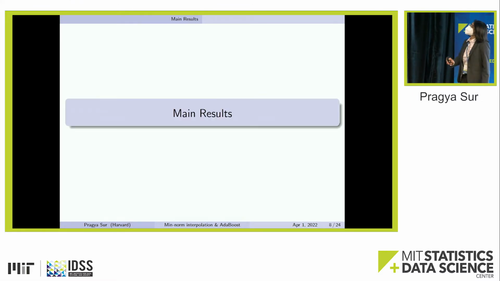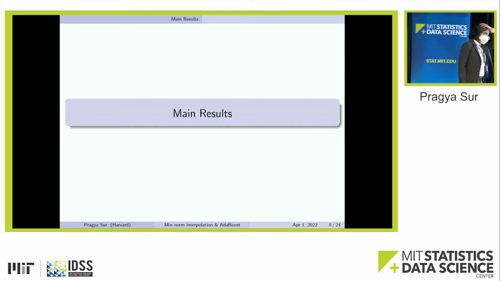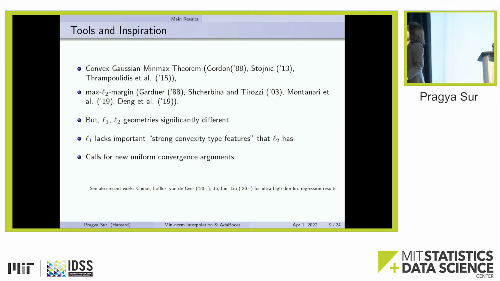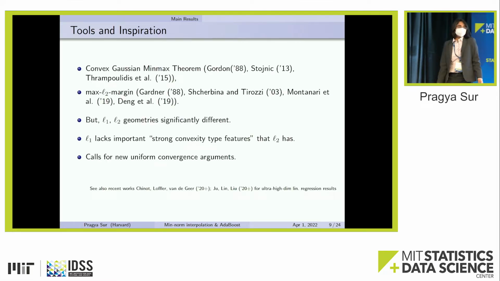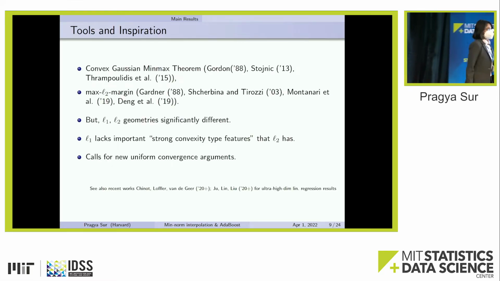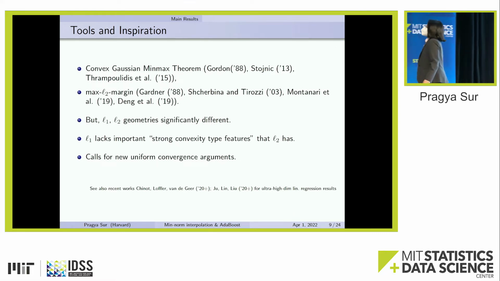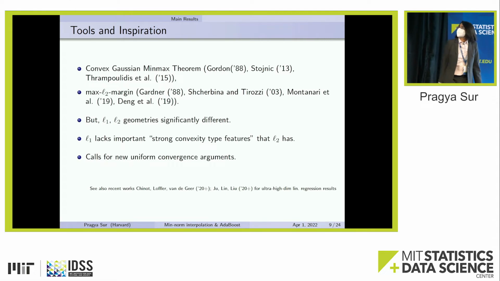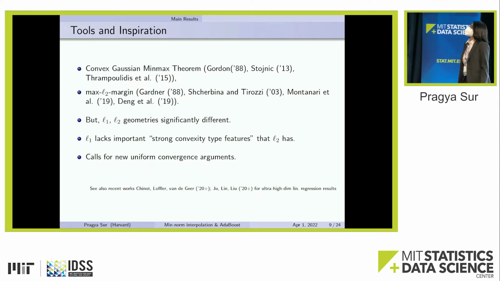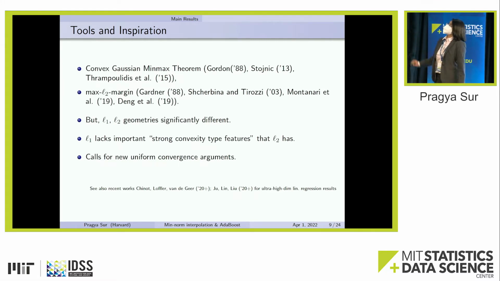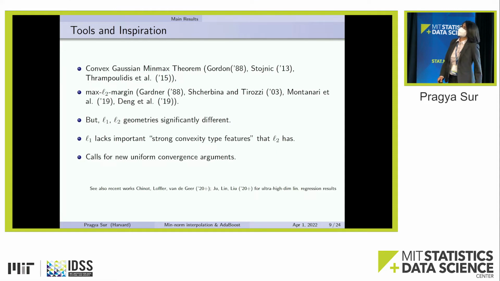When I dive into the main results section, perhaps the most important slide is this one, which tells us where all of this is coming from on the technical front. This margin-based stuff has been significantly studied in the machine learning literature, and not just there. The margin has been important in other literature as well.